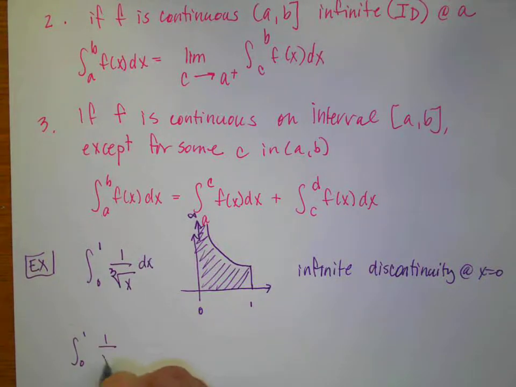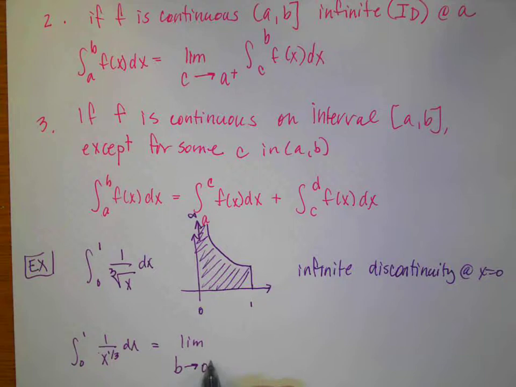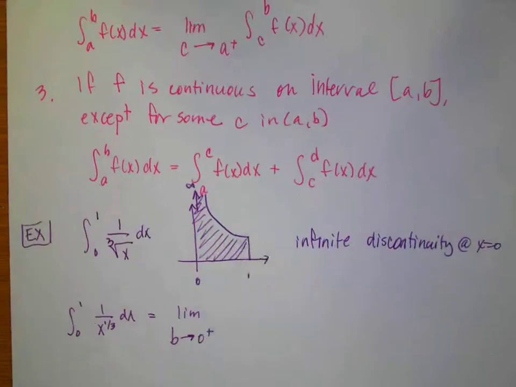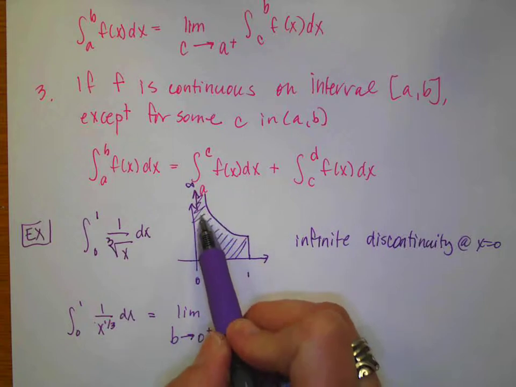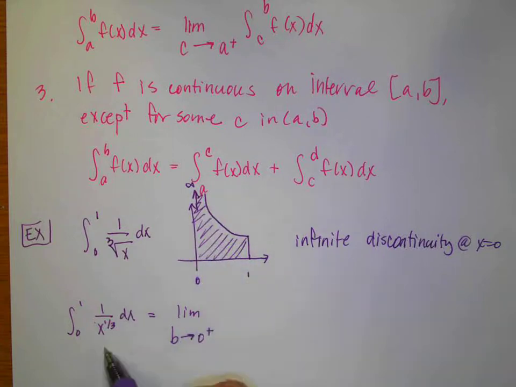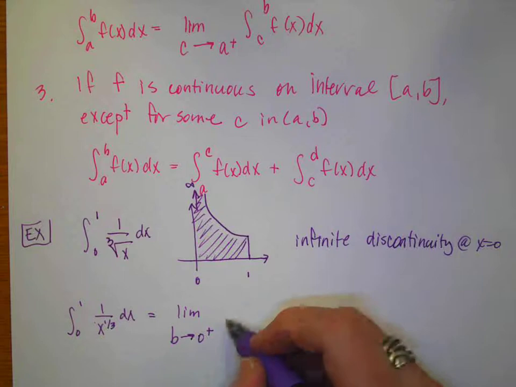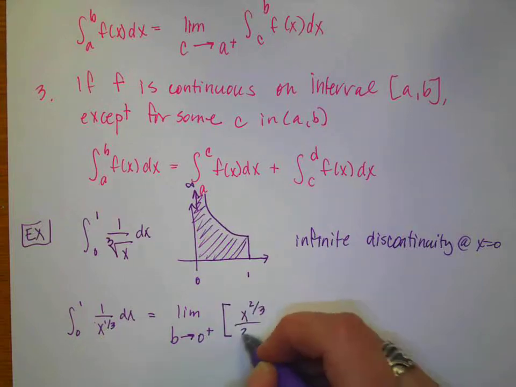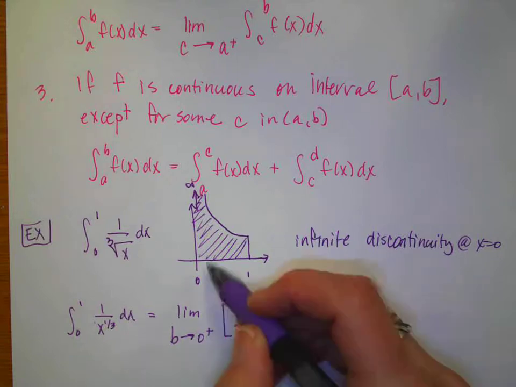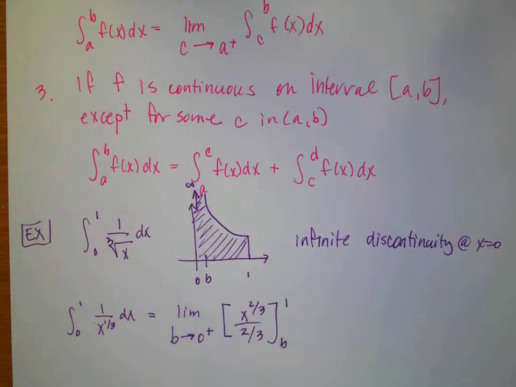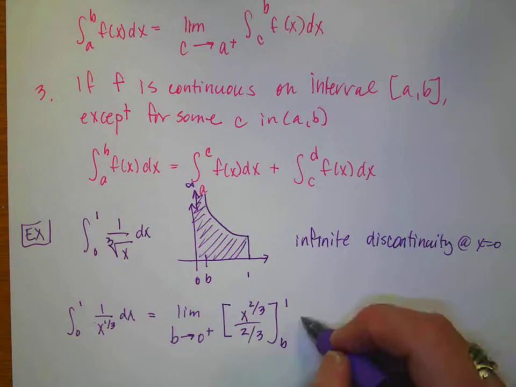So then I'm going to take my integral from 0 to 1 of 1 over x to the 1/3 dx, and rewrite it as the limit as b approaches 0 from the right, which makes sense because I'm coming in from the right, and that's where I have my infinite area because it just keeps going up. I can evaluate this integral fairly easily: x to the 2/3 divided by 2/3 evaluated from b to 1.